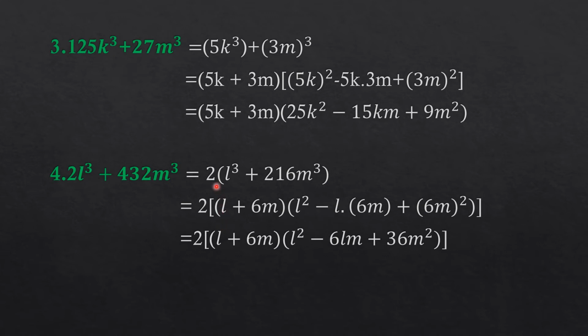So taking 2 as common, we get l cube plus 216m cube is equal to 2 into bracket l plus 6m in another bracket l square minus l into 6m plus 6m bracket square, is equal to 2 into bracket l plus 6m into another bracket l square minus 6lm plus 36m square. Okay, this is our answer.